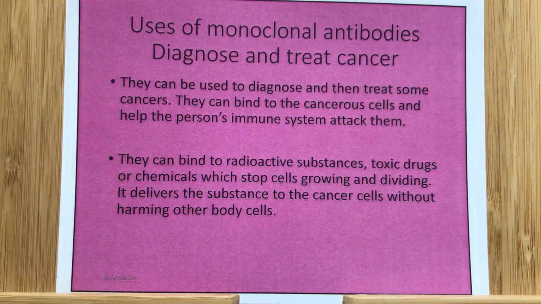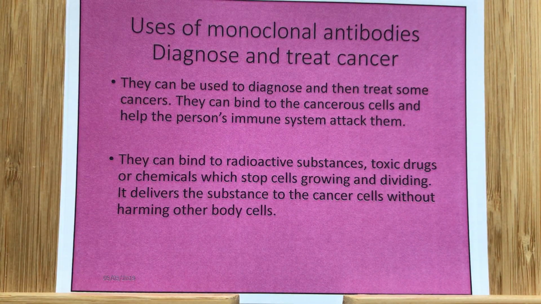Monoclonal antibodies can be used to diagnose and also treat cancers. They bind to the cancerous cells and help the person's immune system to attack them. In P4 we learnt about radioactive isotopes, and radioactive isotopes can be attached to monoclonal antibodies and the monoclonal antibodies then attach to a cancerous growth, and then it focuses the isotope that's going to kill that cancerous growth in that one area rather than killing lots of cells, healthy cells and cancerous cells going through the body.